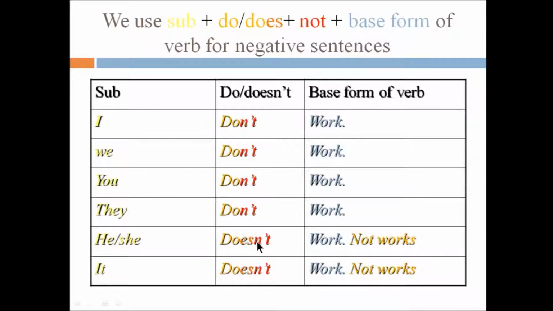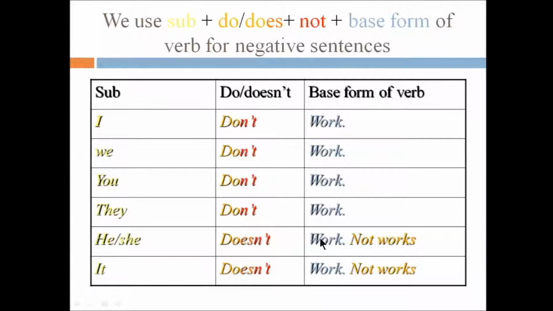One thing to remember. When you make the negative form using doesn't, put doesn't between the subject and the main verb. As we have learned in the previous session, when you make the question form, you put does or do at the beginning of the sentence, followed by the subject and then the base form of the verb.